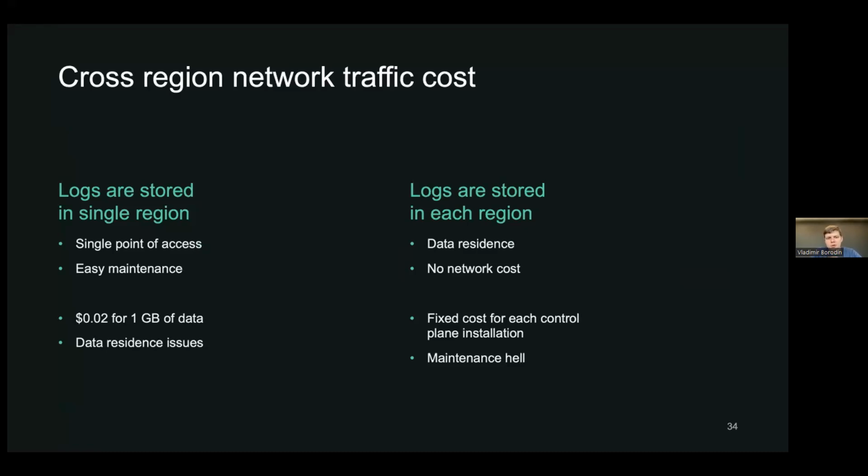One of them is to store it in a single region, so you have a single point of access. It's easy for you to maintain, but you have a network traffic cost for cross-region traffic. And you may have some data residency issues because different countries may require different things about data in logs.